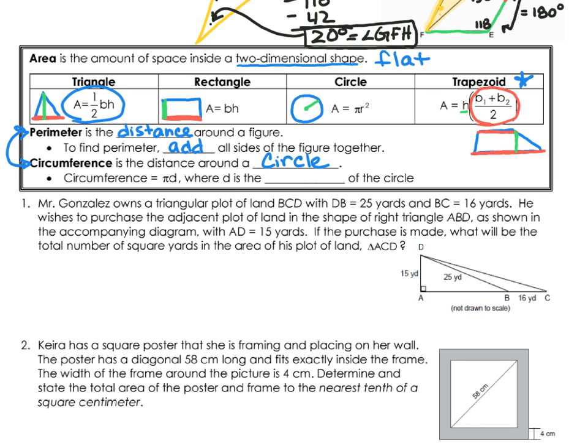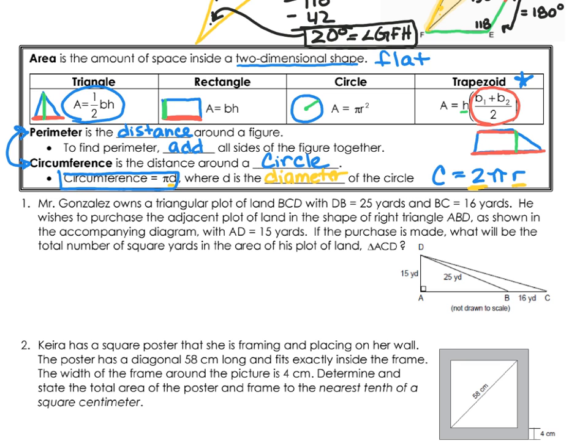It's pi times d, your circumference formula. It can also be known as circumference equals 2 pi r. This formula works because 2 r's, or 2 radii, is the same as a d, which is the diameter. Either formula will work though.